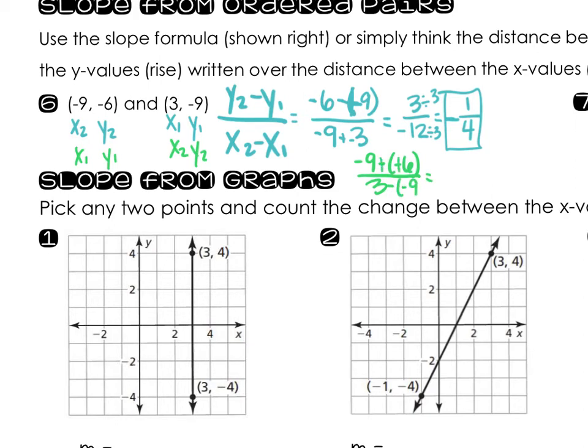Well that then becomes -3 over 12, still divide by 3, and I just get -1/4. So technically the only difference is the negative is with the numerator instead of the denominator, but you still only have one negative out in front.